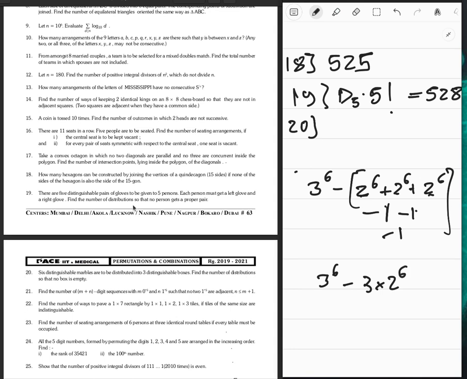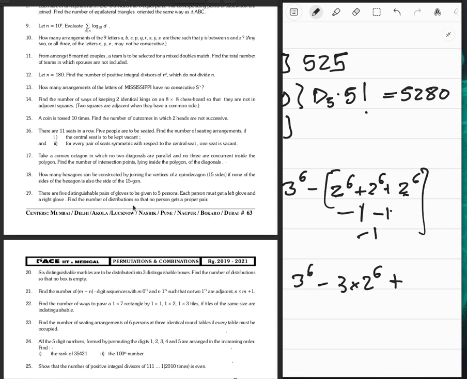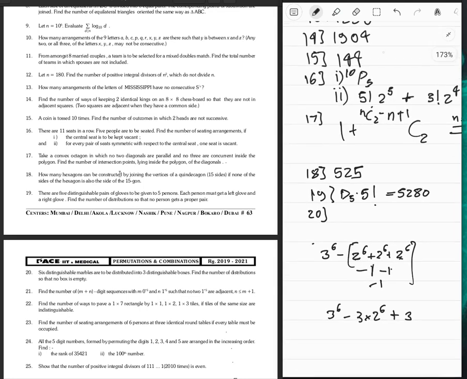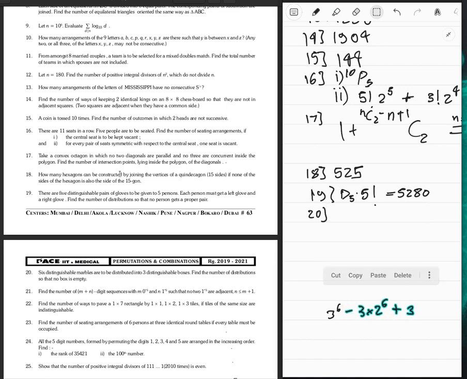That's the number of ways you can have at least one box empty. That's probably not the way you should be saying. It should be like 2 power 6 plus 2 power 6 plus 2 power 6, which is first box is empty, second box is empty, third box is empty, then minus first box and second box is empty necessarily, right? That's 1. Then once again 1 1 for second and third, then third and first. That's the way to do it. And right, so the wording matters, otherwise you will get confused. Fine. Yep, that's how it should be.